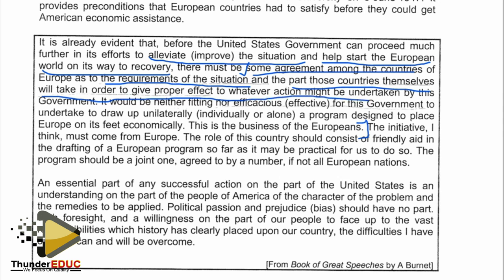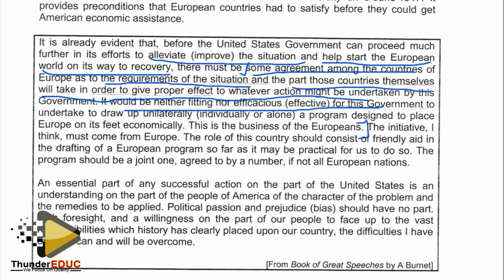They were also supposed to take part to give proper effect to whatever action might be taken by the government of the USA. And it says it would be neither fitting nor efficacious or effective for this government to undertake this. It was not going to be an easy or effective task, or fitting, to see America assisting other countries without their inputs.